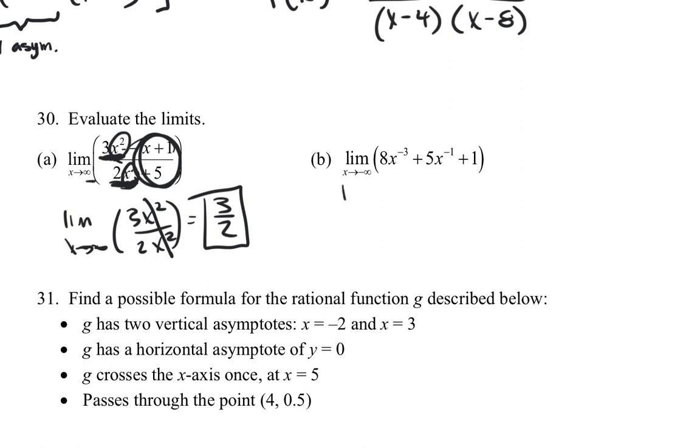For this one, I'm going to rewrite this. It goes to negative infinity of x, and this is now written as x over 3 plus 5 over x plus 1.